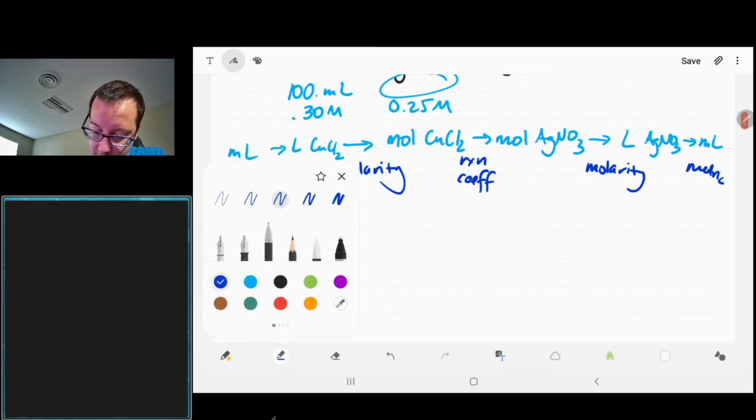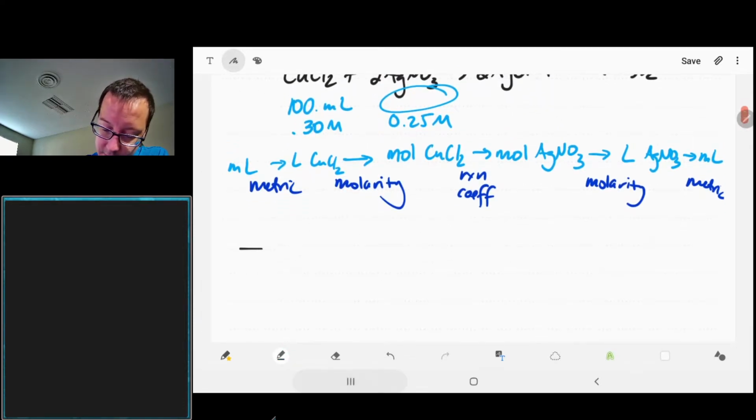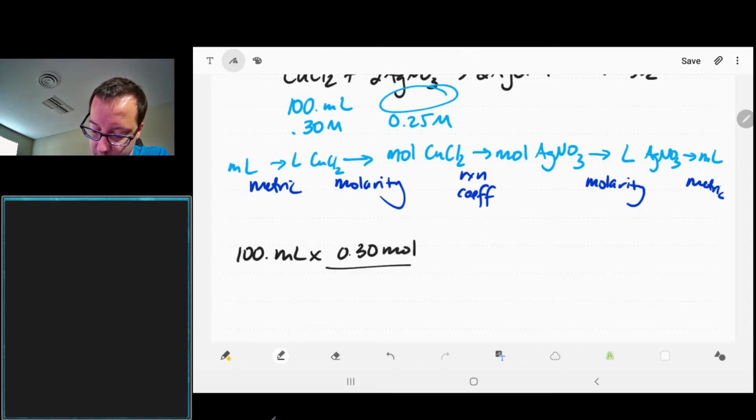So let's go ahead and do it. We have 100 mL. Oh, I didn't even do the liters part. Well, hopefully we can see that 100 mL is 0.100 liters. I mean, that hopefully you can do in your head by this point.